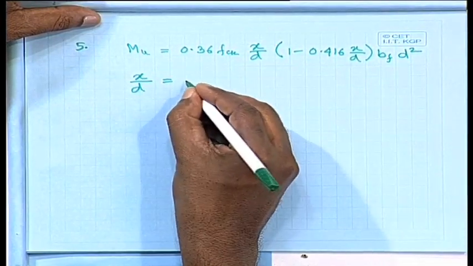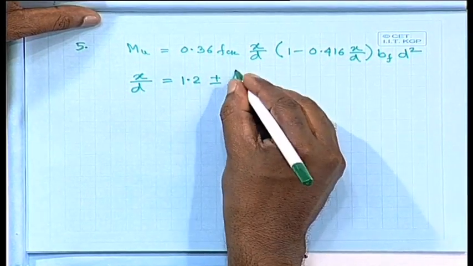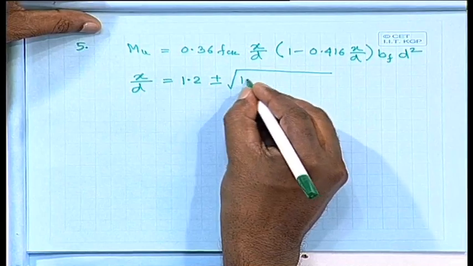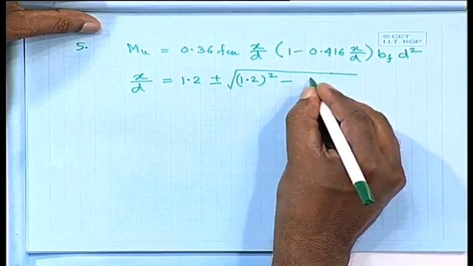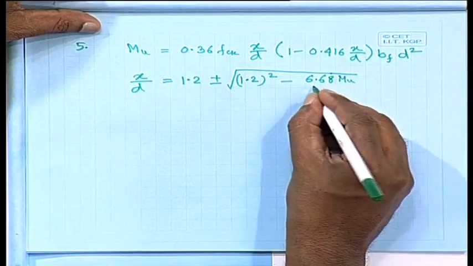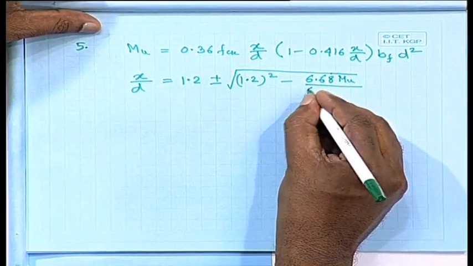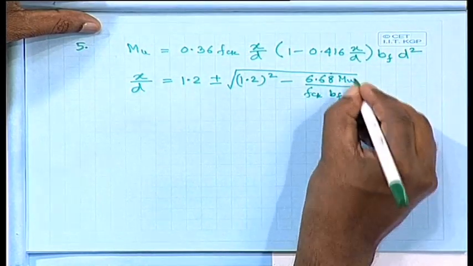If you would like to remember this one also, you can remember: plus minus root over (1.2 whole square minus 6.68 Mu divided by fck Bf d square).